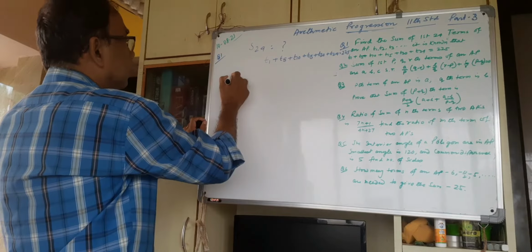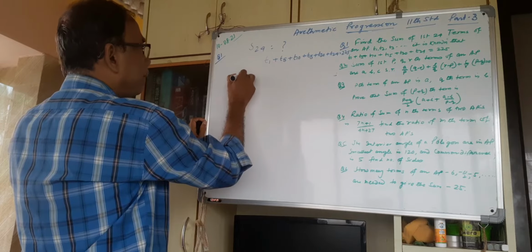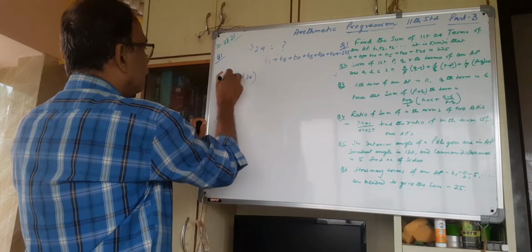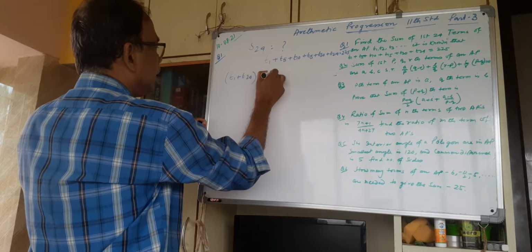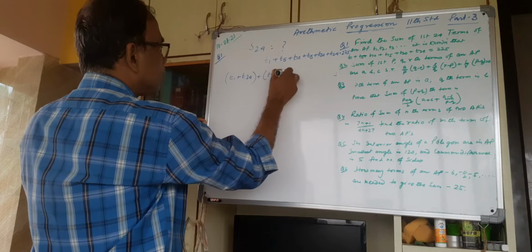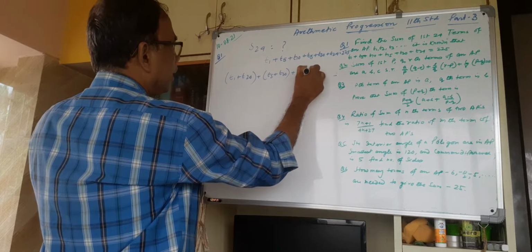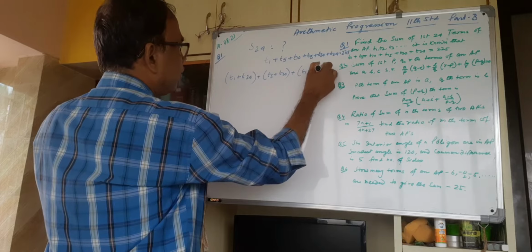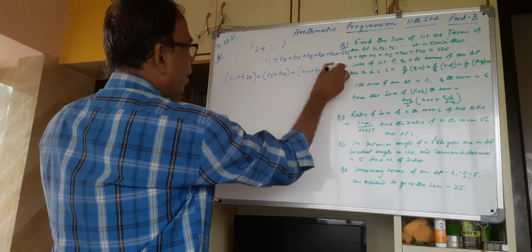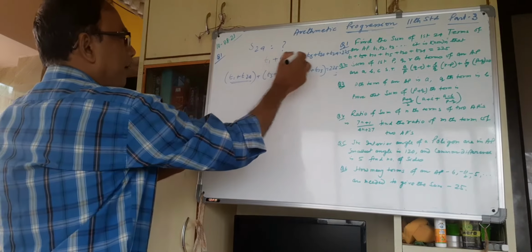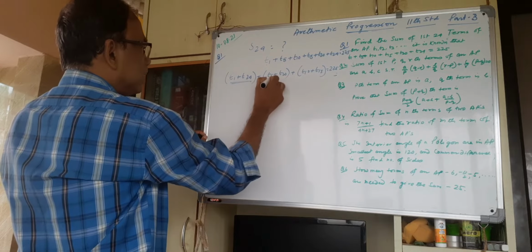Here we can write T1 plus T24, plus T5 plus T20, plus T10 plus T15, equals 225. The first term and last term sum, T1 plus T24, and these other pairs should be equal.